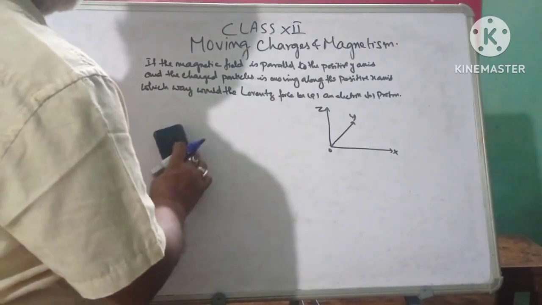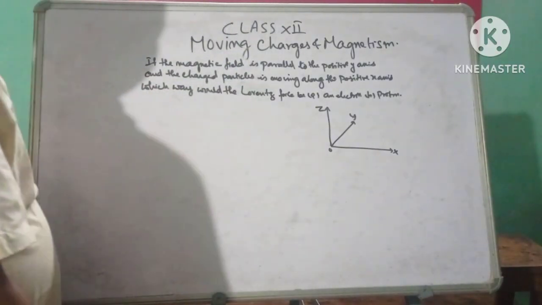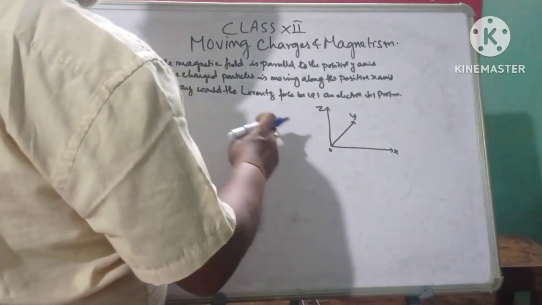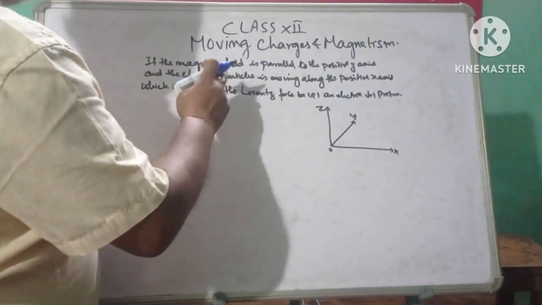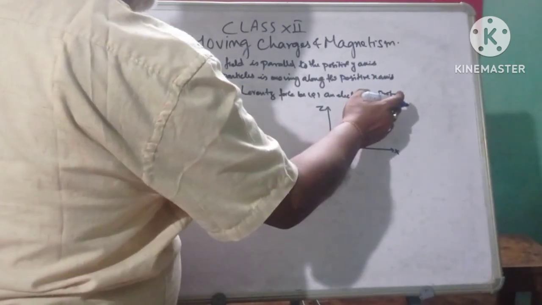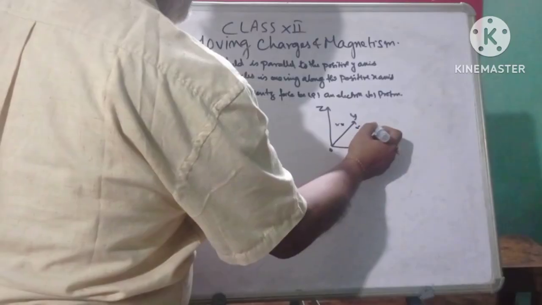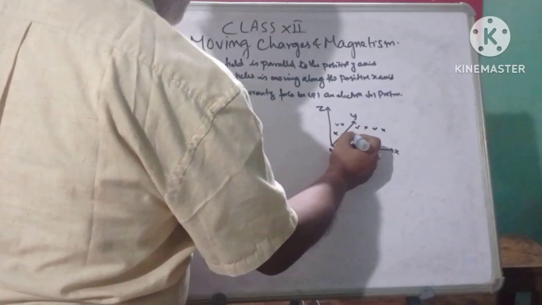Now, since it has been clearly told that the magnetic field is parallel to the positive y-axis, it is moving into the plane of the paper.